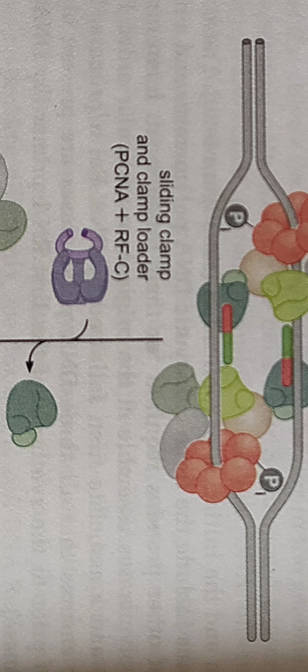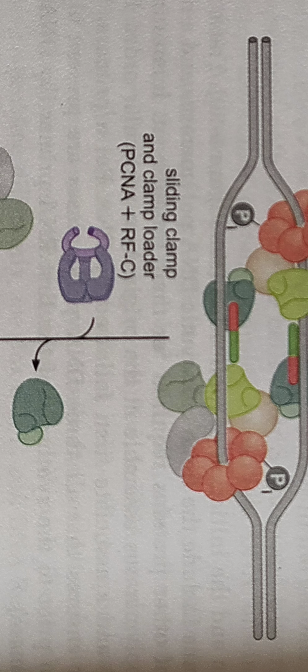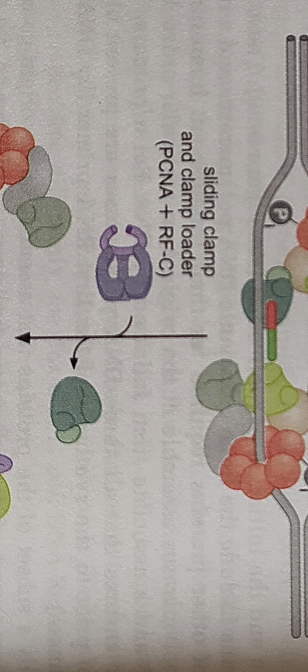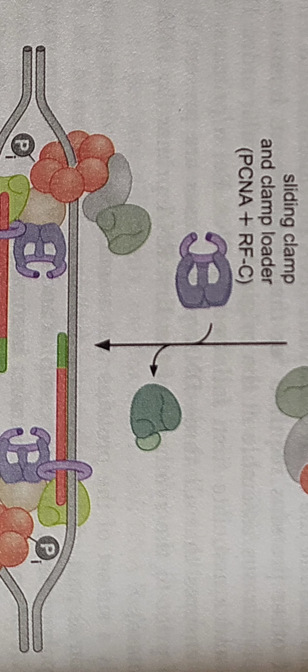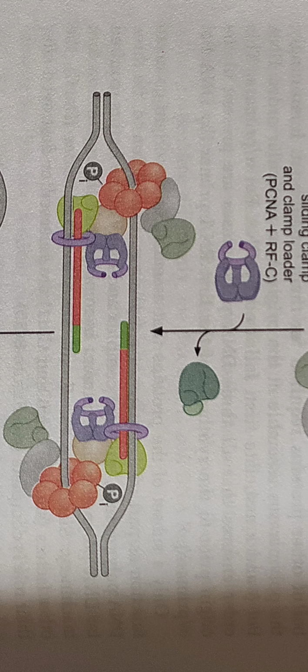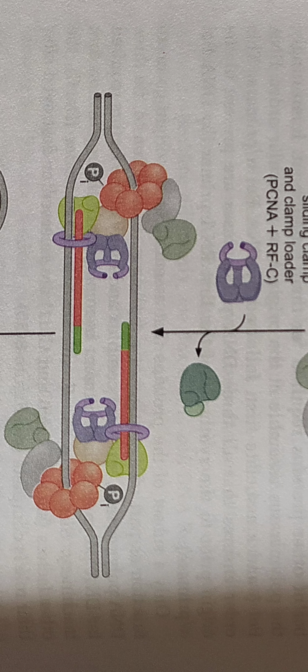Sliding clamp and clamp loader then get recruited here. The Pol alpha primase complex gets released. As the elongation process proceeds, most of the proteins get dissociated. Now the Pol alpha primase complex function is over here, but its function is not over in the lagging strand, because repeatedly this Pol alpha primase complex will be required in the lagging strand.